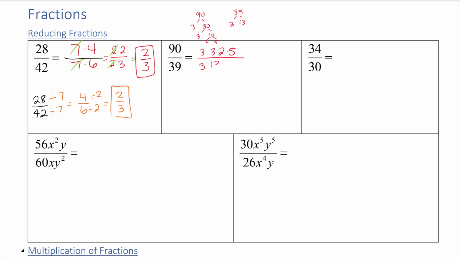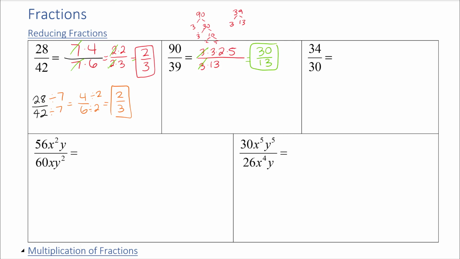So if I would have done that on the first problem, I wouldn't have had to do it twice. Okay, I mean that makes sense, but if you didn't do it, that's okay too. Here, only the thing that divides is the 3, and that's it. So anything left that I have in the top, 3 times 2 is 6, times 5 is 30 over 13, and that's my final answer.